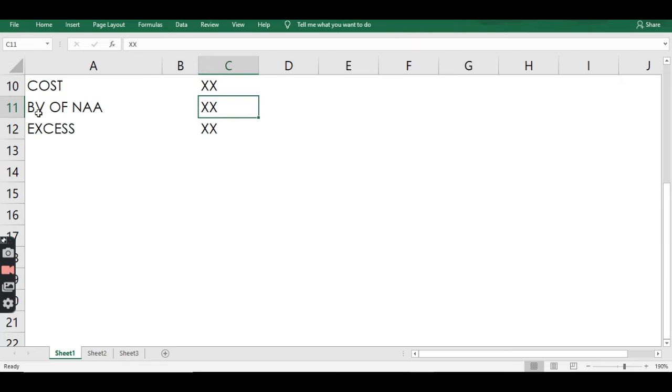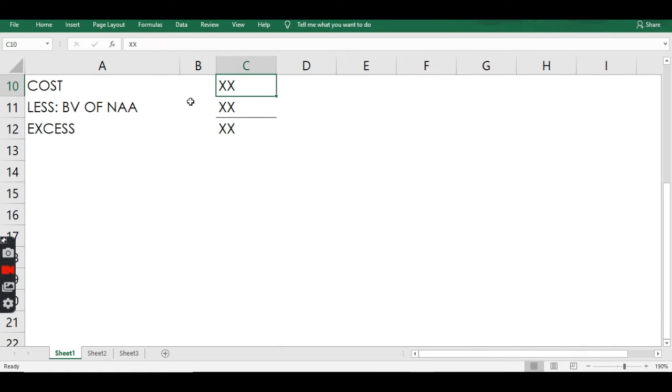So, kunin mo yung cost, magkano mo nagastos or magkano yung binayad mo para ma-acquire mo yung particular investment na yon. Next, ibawas mo yung book value of net assets acquired. Okay, yung difference niyan, excess. Malamang, excess nga yun, di ba?